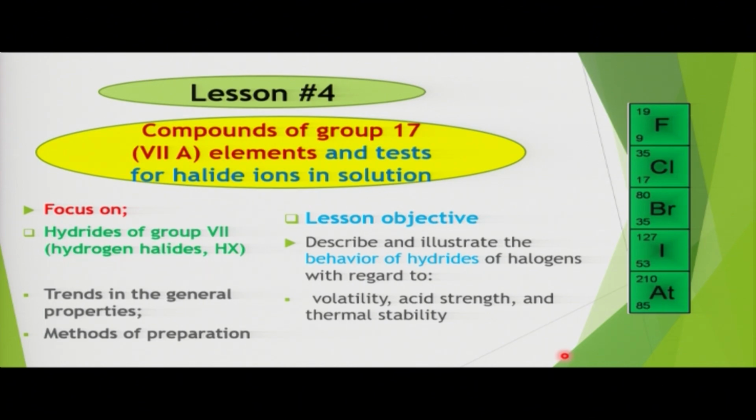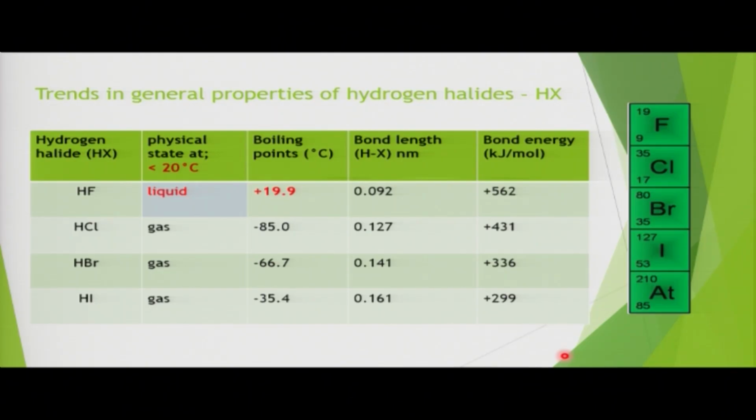In other words, if you get hydrogen chloride and you compare it with hydrogen bromide, which one resists decomposition when heated? That is what we mean by thermostability. So that is the objective, and that is what we're going to focus on much of today. Let's look directly onto the general properties.